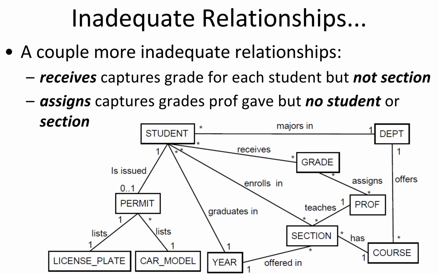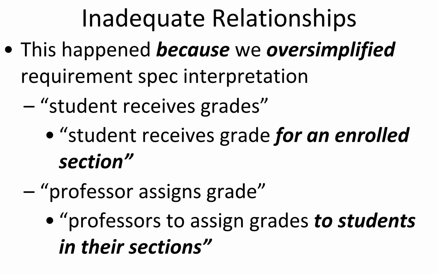And the reason we might have run into this issue is that we might have oversimplified when we were reading the sentences, right? When we were reading, we just read student receives grades. But actually, it was part of a slightly more complicated sentence. It was a longer sentence: student receives grades for an enrolled section.